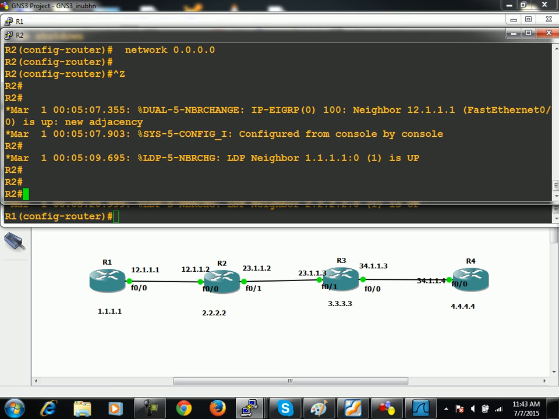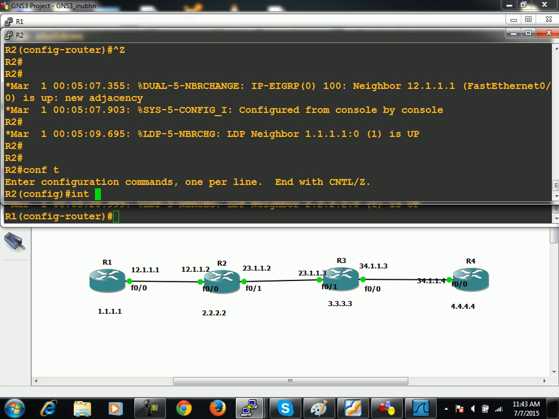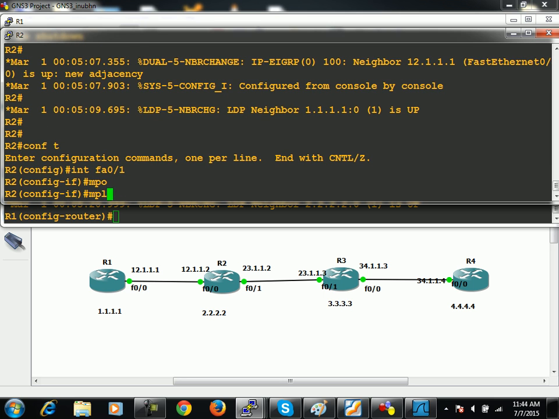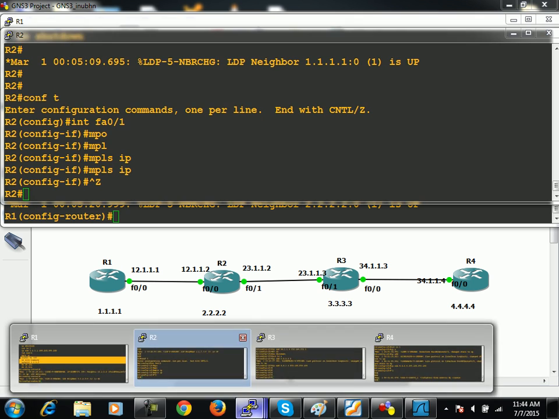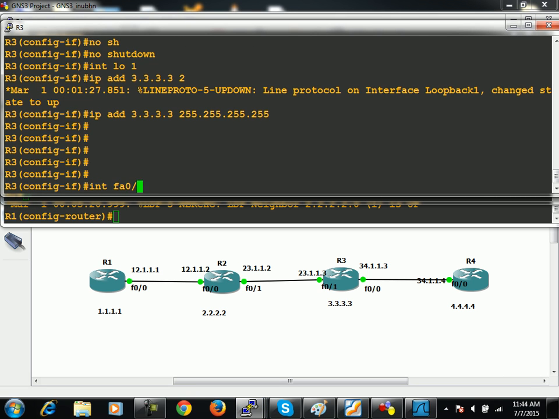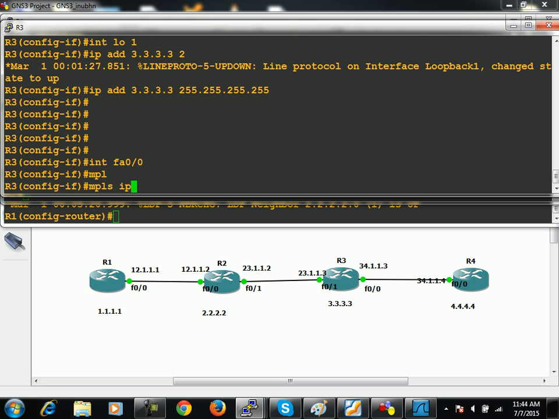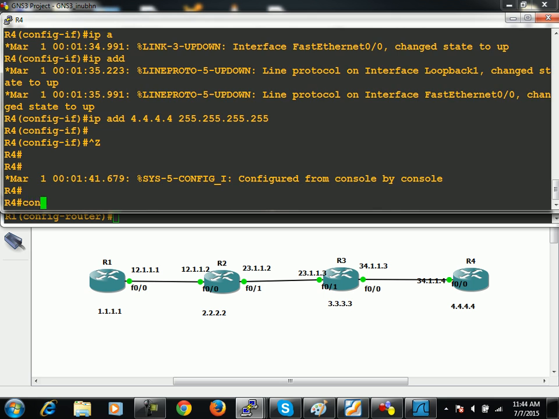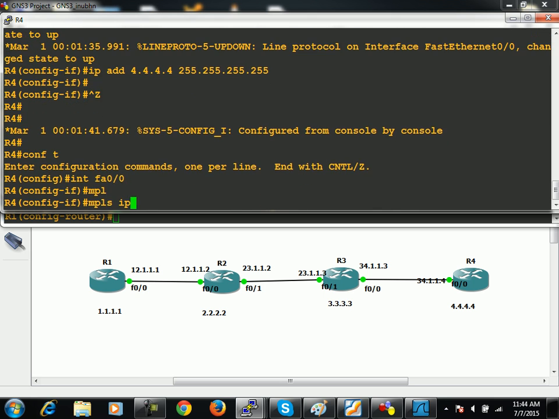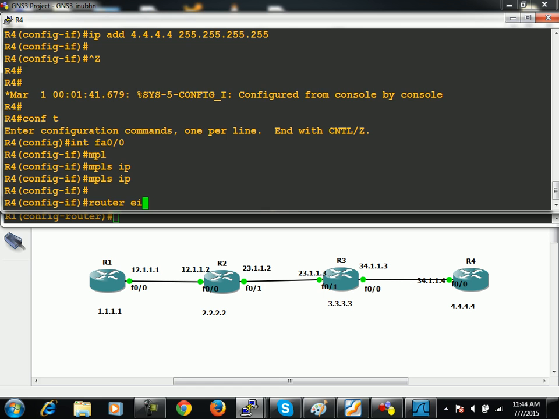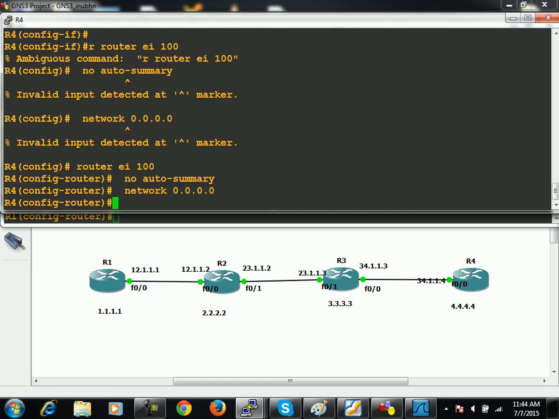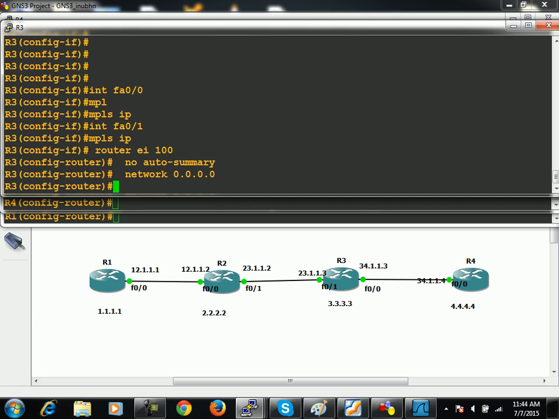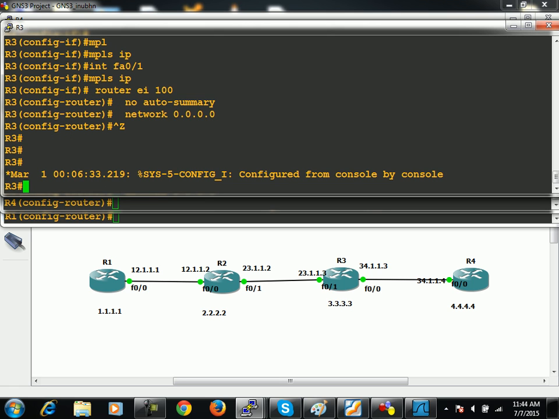Now on R2 itself, go to FA0/1, say MPLS IP. Then go to R3, go to R4, but they will not form. Okay, it means I have not configured IP addresses onto R3 yet.